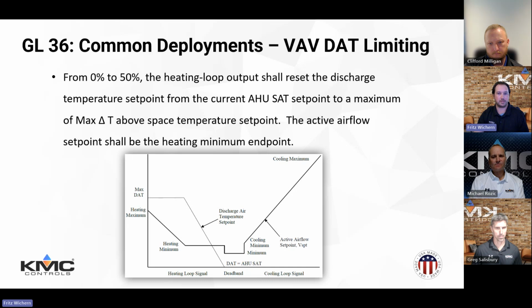So in Guideline 36, cooling stays the same, but in heating, you have a stage 1, you have a heat minimum where the heating valve modulates to maintain a 20-degree delta between the space temp and the box discharge temp. And then stage 2, increase airflow from that heat minimum to a heat maximum while maintaining the same maximum delta between space temp and box discharge air temp.